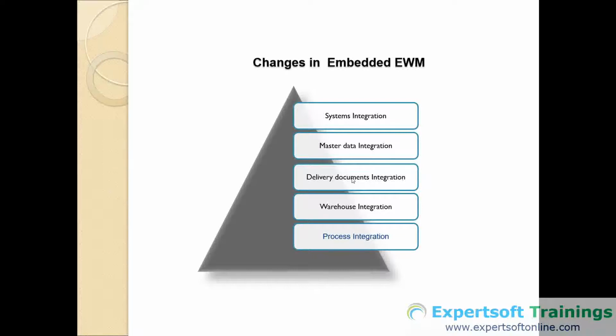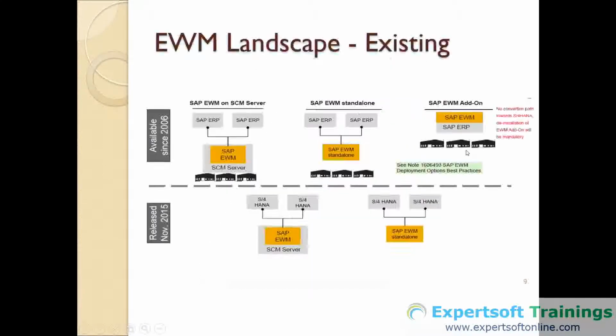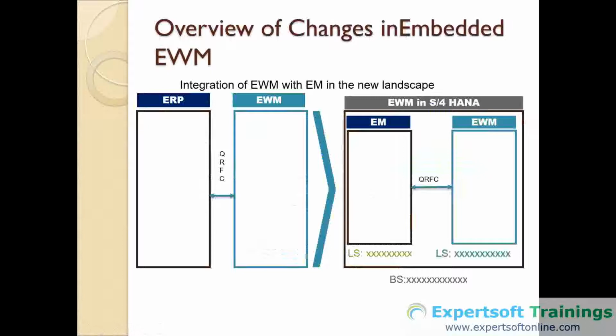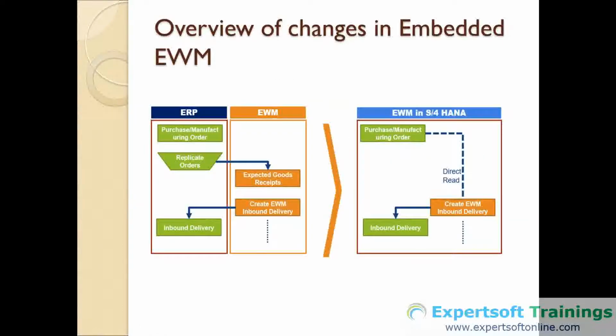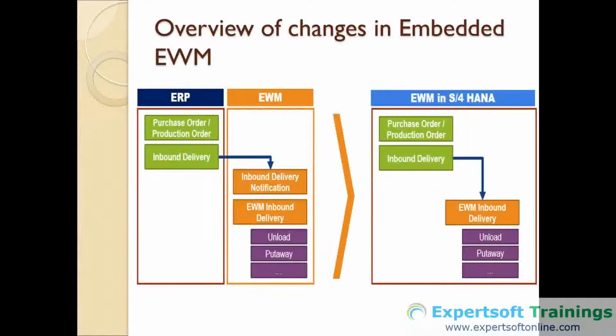Why is it required? If we have an embedded one, why do we require that? Okay, let me answer that question, just hold on for 5 minutes. I'll come back to your question. Sure. Let me cover this master data first, then I'll come back to your question.